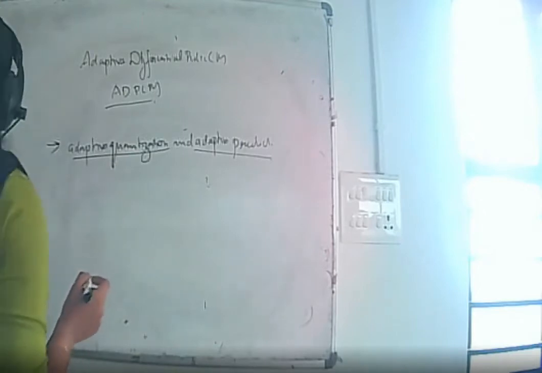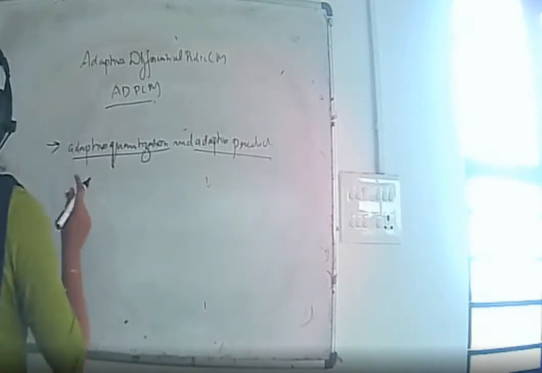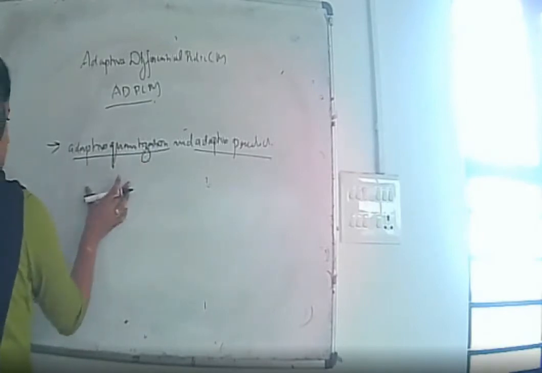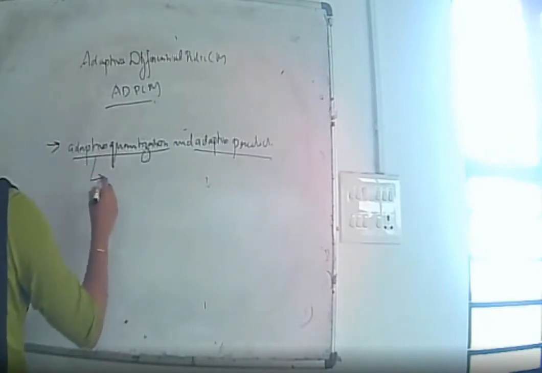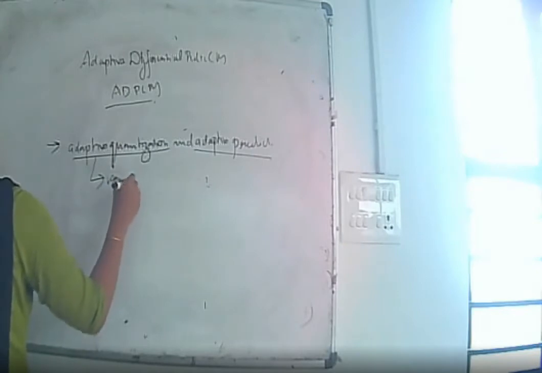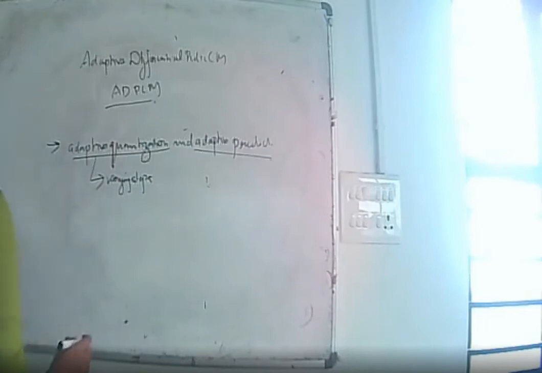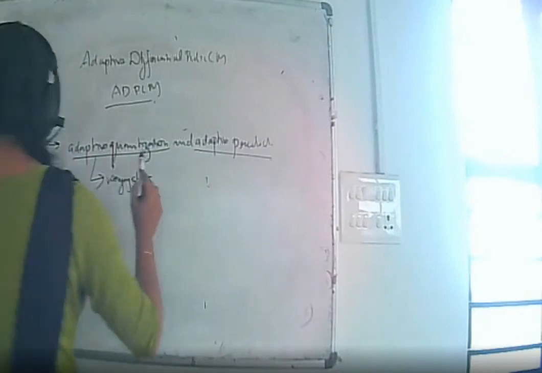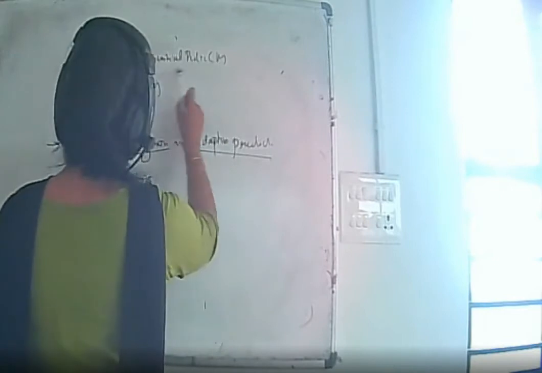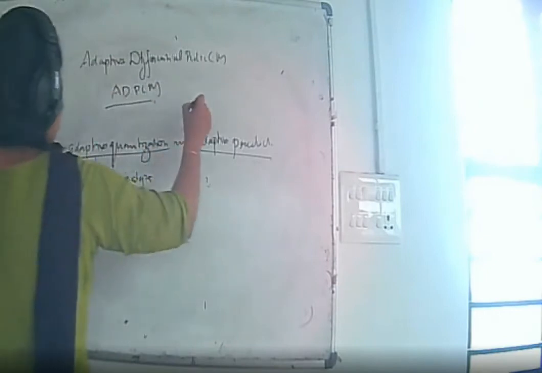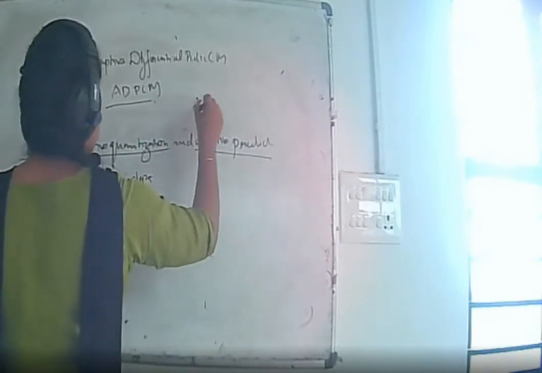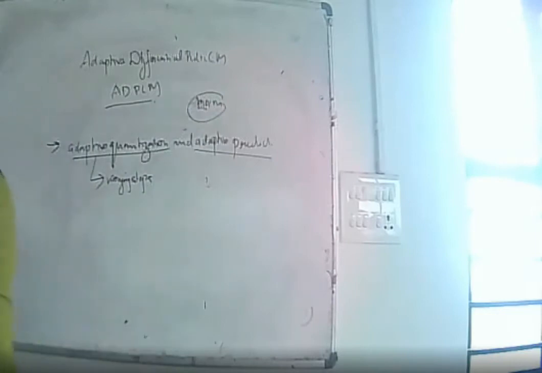The adaptive quantizer refers to a quantizer that operates with varying step size. And adaptive prediction is the same as differential pulse code modulation prediction. So we have adaptive prediction and adaptive quantization.